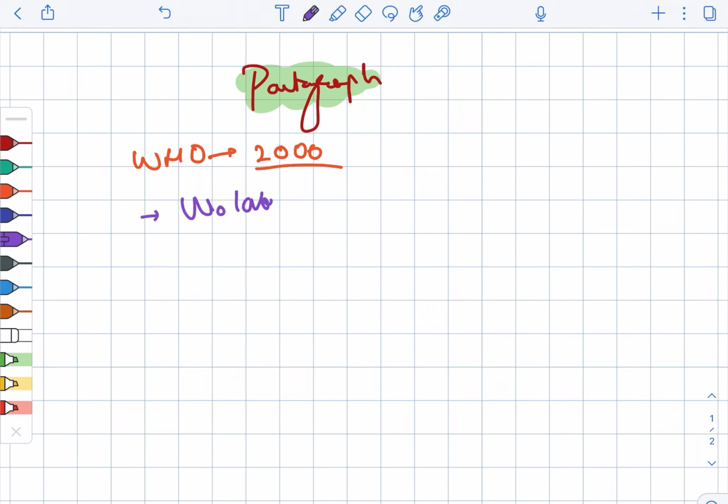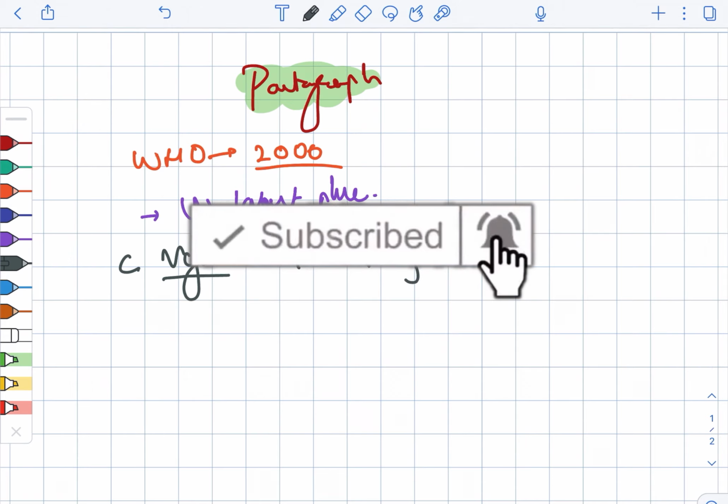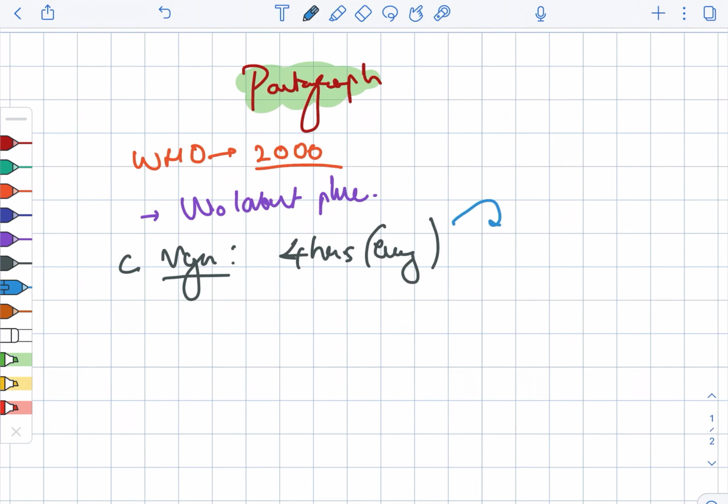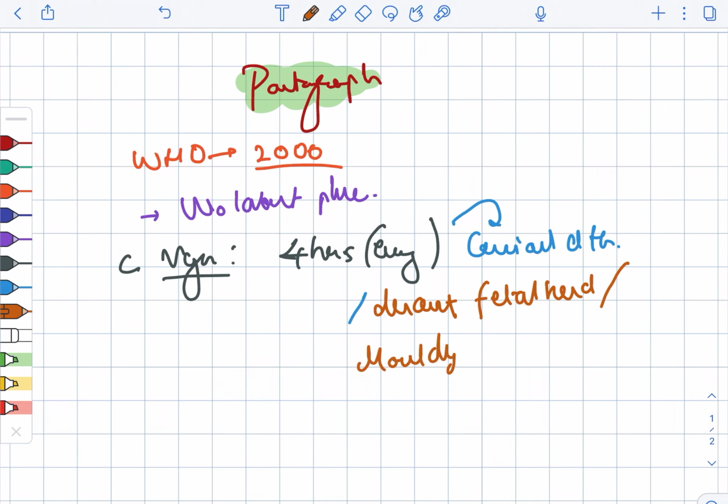There is no latent phase, and the vaginal examination should be done not less than every 4 hours, to assess the cervical dilation, the descent of the fetal head, and the molding of the skull bones. More frequent examination is only undertaken if indicated.